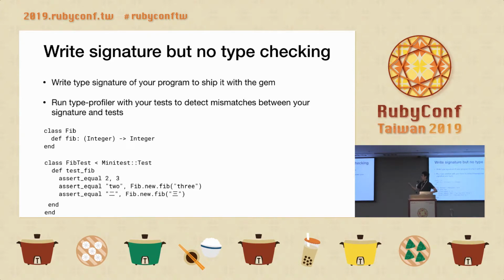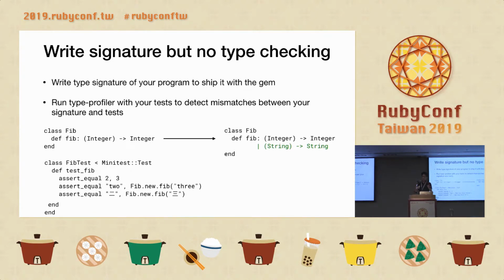The signature of the fib method is integer to integer. So you write the signature, but you also write some tests like this. In this case, we can find the fib method accepts a string and it should be working. So running the type profiler with the signature and the test, the tool will find that there is a missing method type.